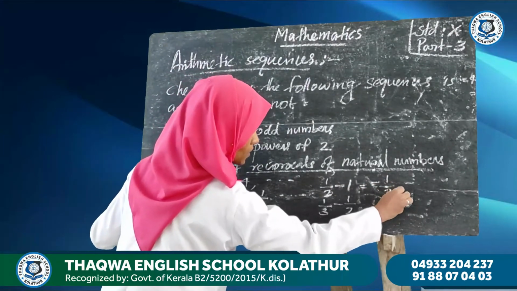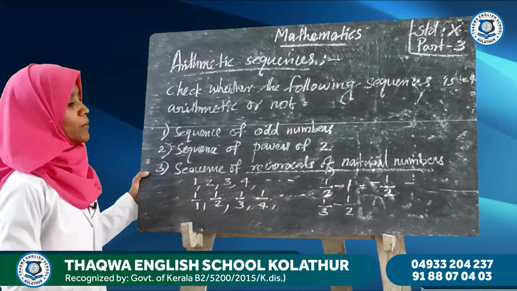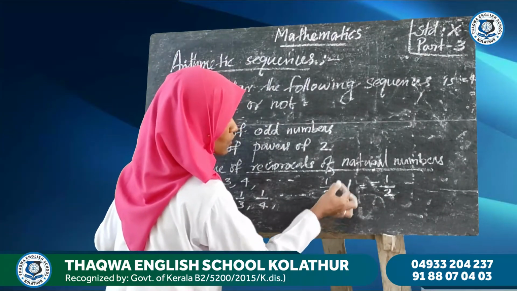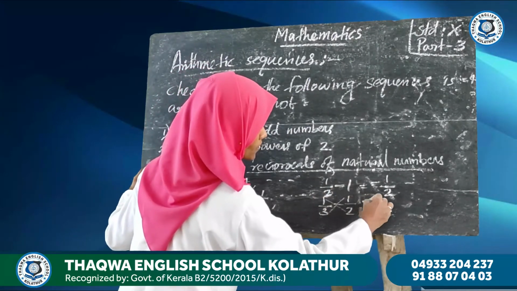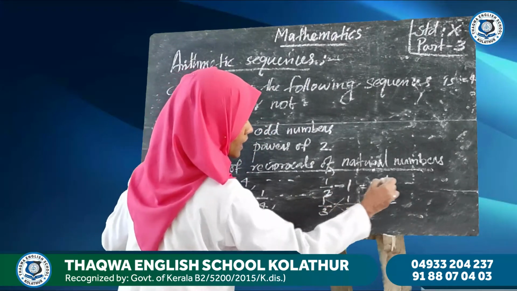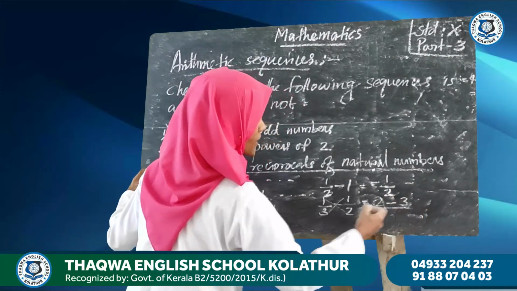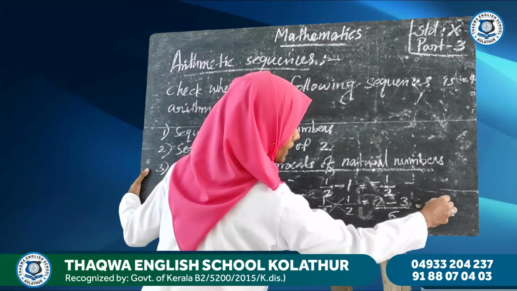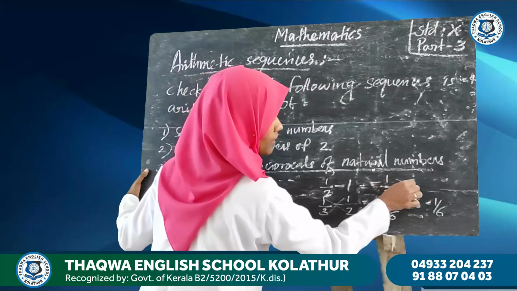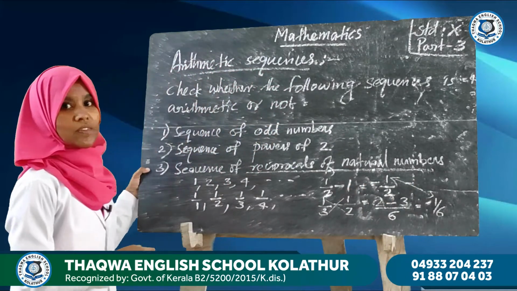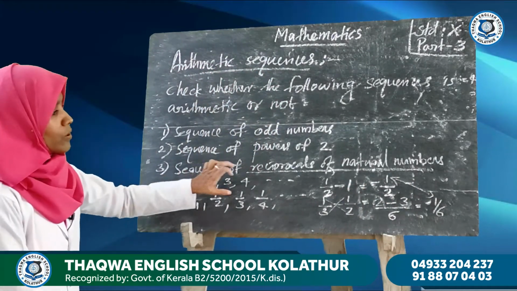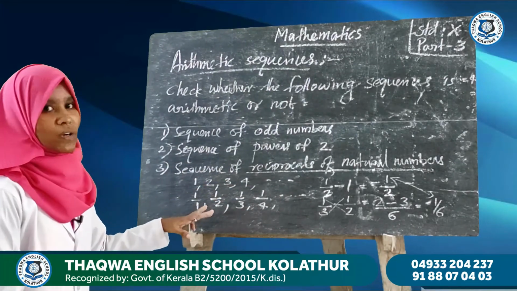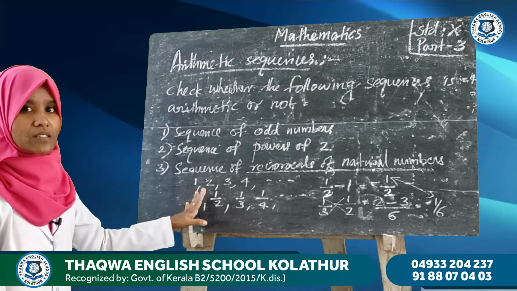Next, 1 by 3 minus 1 by 2. Just cross multiply. 1 into 2, 2, minus 1 into 3, 3, divided by 3 into 2, 6. This is minus 1 by 6. Is this difference same? No. So, the sequence of reciprocals of natural numbers is not an arithmetic sequence.